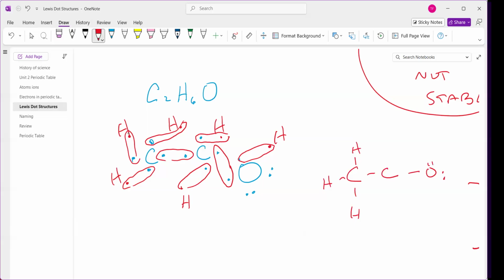And that oxygen is bound to the carbon and another hydrogen. And then the carbon is also bonded to 2 hydrogens. Okay. So that's our final structure. And that is drinking alcohol, ethanol.